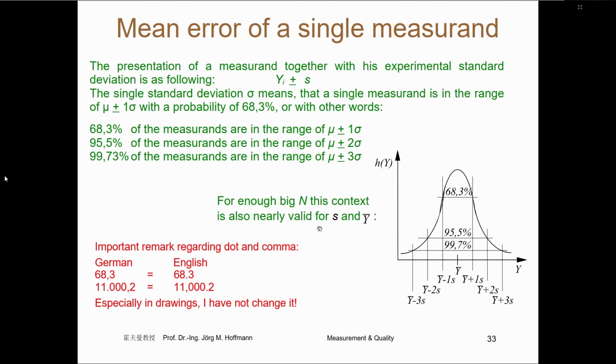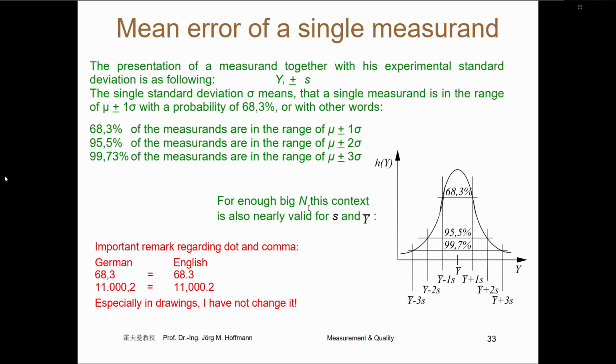This context is also nearly valid for S and the mean. What is enough? That is a very good question, but for the industry, we say roughly 200 measurement values.